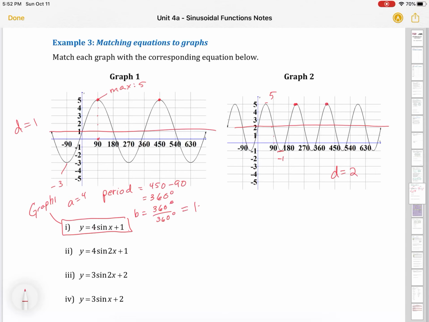So looking at that, 540 minus 270, divided by 2. So my period goes 360 minus 270. So my period, no, did I do that right?